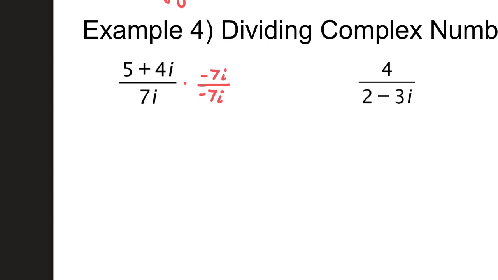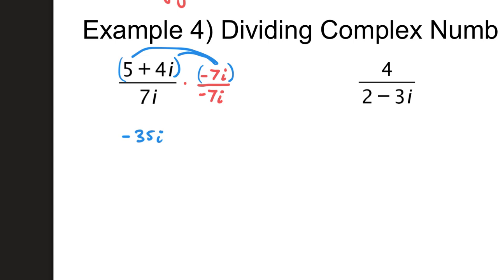And I have to do the same on the top as I do on the bottom because that's the only way to keep this thing equivalent, right? I'm really multiplying by 1. So on the top, I'm going to take this negative 7i and distribute it in. 5 times negative 7i is negative 35i.